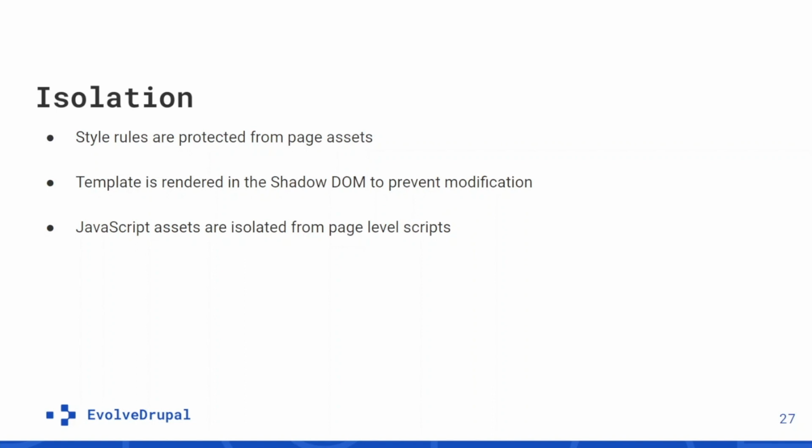The web component makes it easy. The browser can see the shadow DOM, no problem. Can all of your other JavaScript see inside the shadow DOM? No. Can all of your styles see inside the shadow DOM? No. So that's the isolation. That's how it protects it from the rest of the page. That's why it's going to load the same way every time, regardless of what other styles and scripts you have loaded on that page.